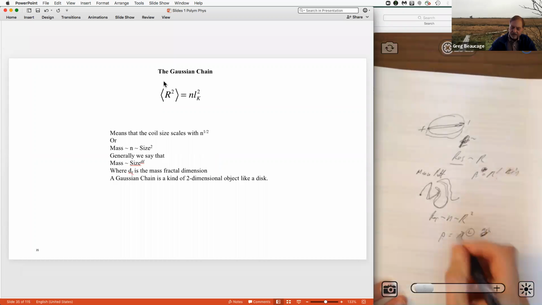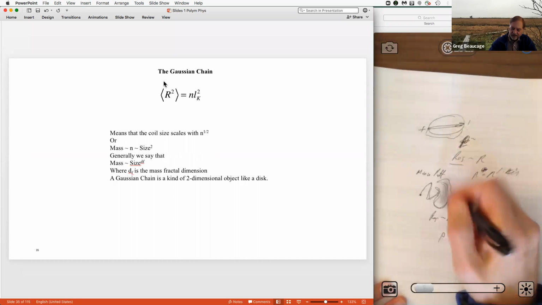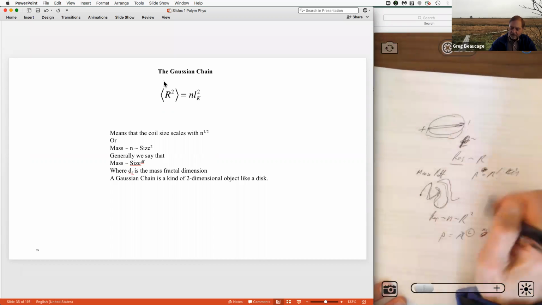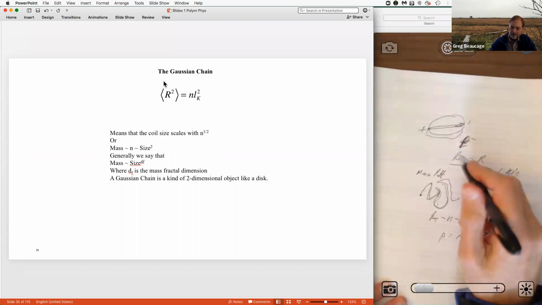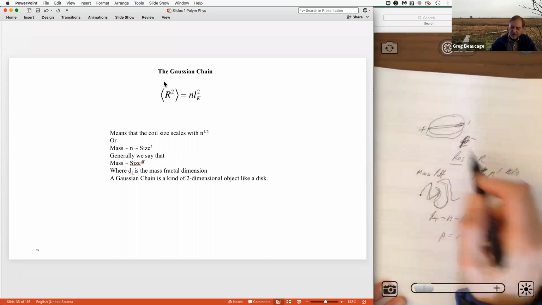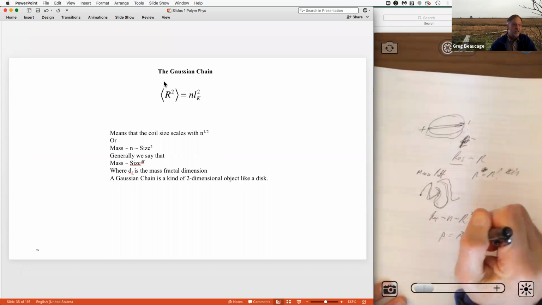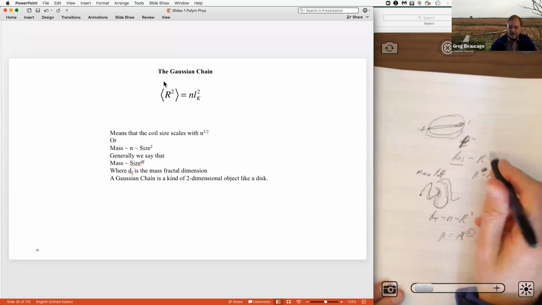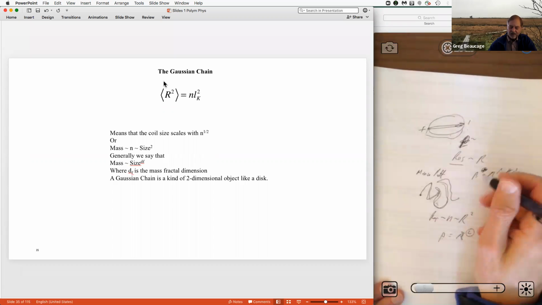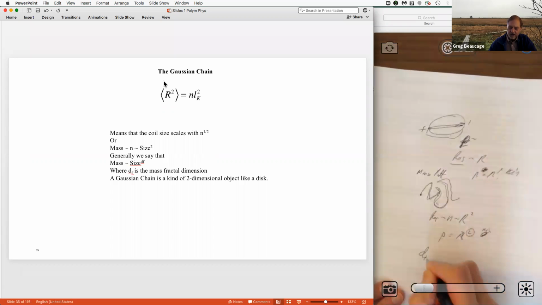So you can say, well, df is the same, but this minimum dimension is different for the two. For the disk, the minimum dimension is 1. For the coil, the minimum dimension is 2. So then there's another dimension to this thing. The fractal dimension is this minimum dimension times what the thing is. So the disk should be 2, and the chain should be 1 because it's linear.